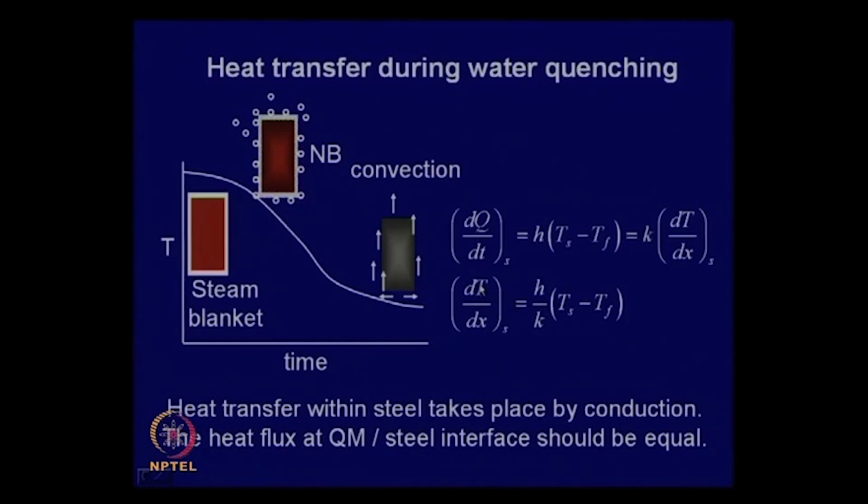Therefore, the temperature gradient at the surface, where x is the distance within the job, is a function of x, the distance from the surface, and this can be written like this.